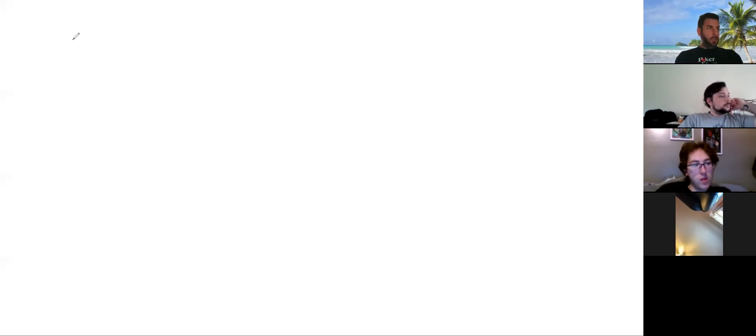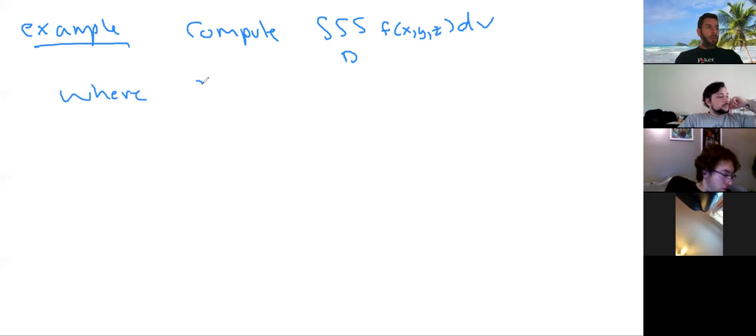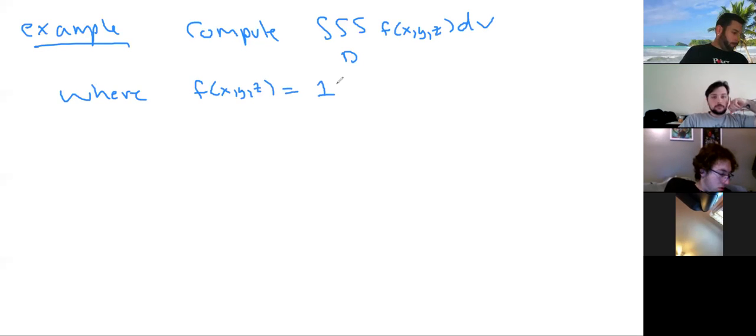This is a standard example. Let's compute this triple integral, where the function, no matter what you plug in, spits out 1.